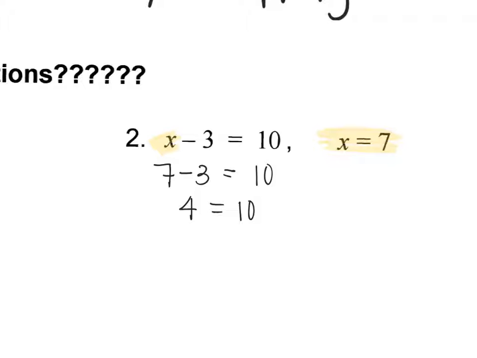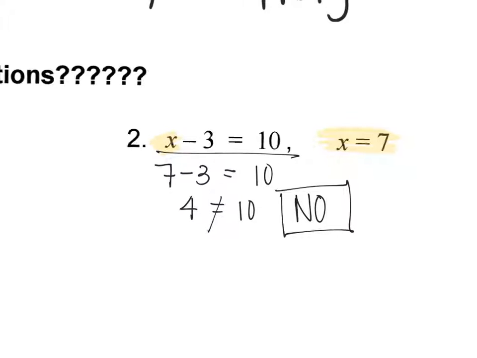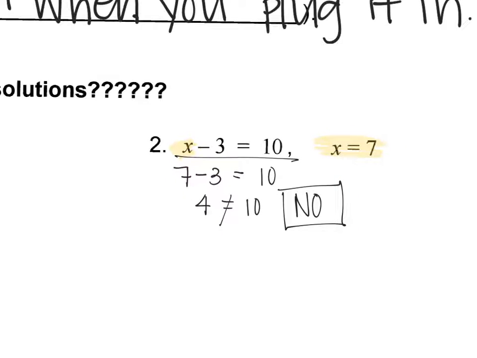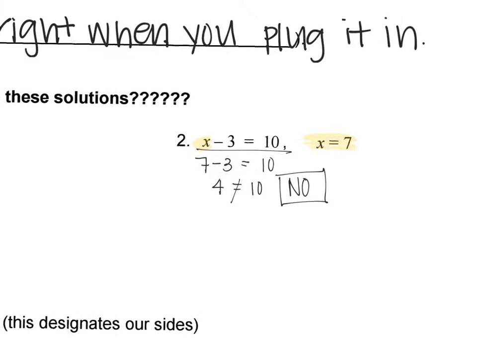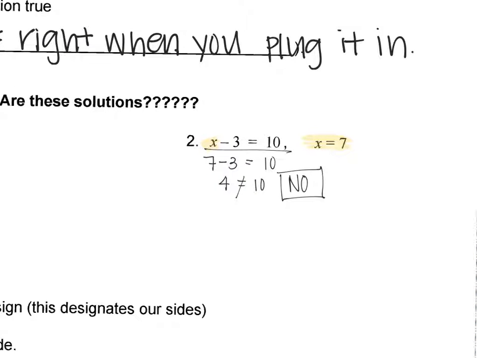Never, ever, ever will 4 equal 10. That's impossible. These do not equal. So, no. 7 is not a solution to this equation. And remember, equation has the word equal in it. You have to have an equal sign for it to be an equation.